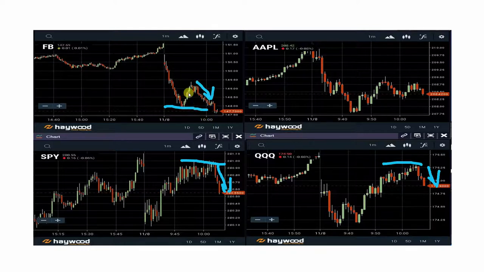In this particular case, we can see Facebook shares form some type of a bear flag right here. And as the broader indexes pull back, that causes this breakout to take place in Facebook shares, as well as with Apple shares. As the broader market begins to pull back, Apple shares begin to top out and they start to pull back with the markets as well.